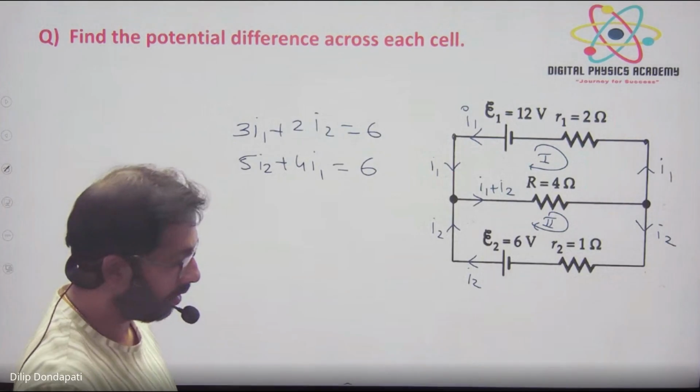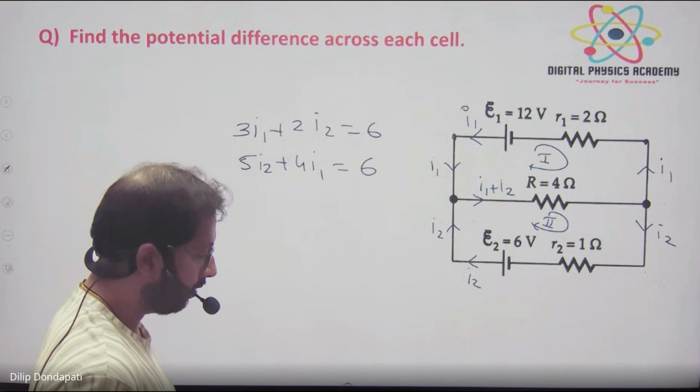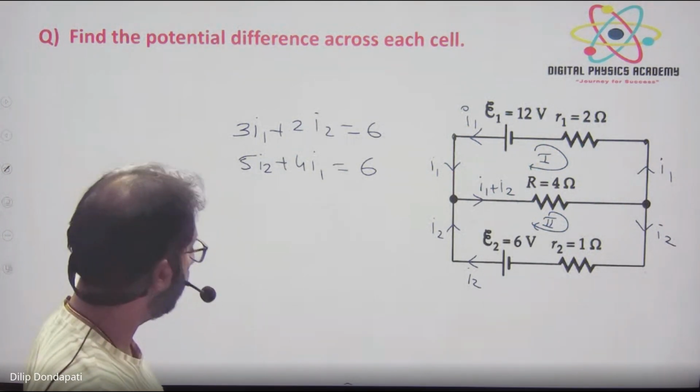Sir, I1 is 6 and I2 is minus 6. I1 is 6 है ना, wrong. Equation same आया देखो.